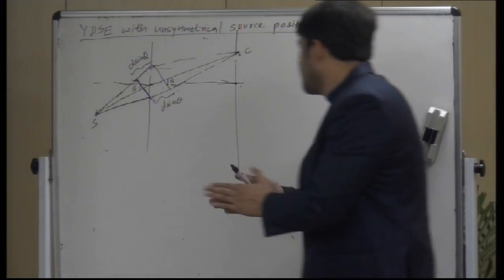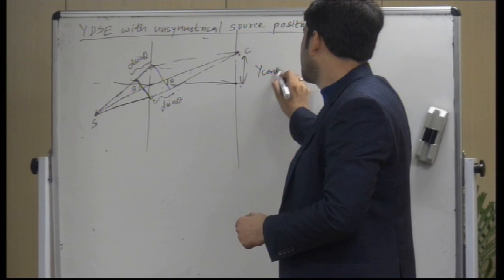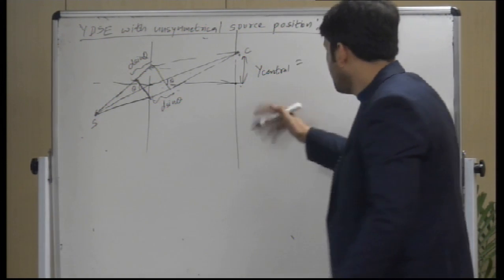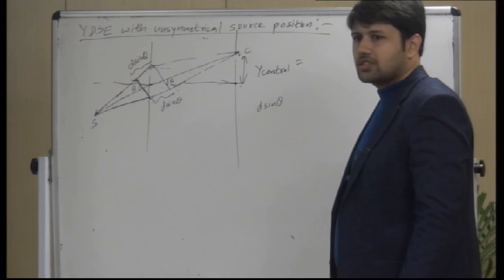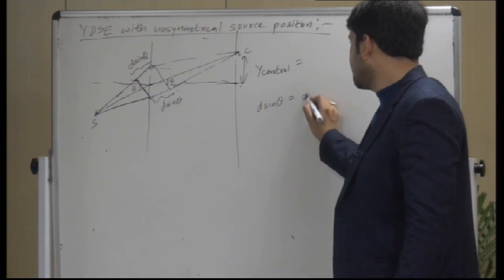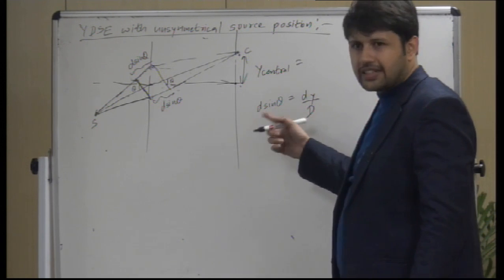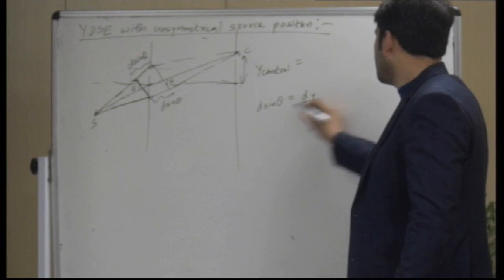So again, the position of the central bright fringe, y central, would be how much? Do you remember how we used to do it? d sin theta was the path difference, and it was actually d into y by capital D. We took sin theta as tan theta, which should be equal to delta x.